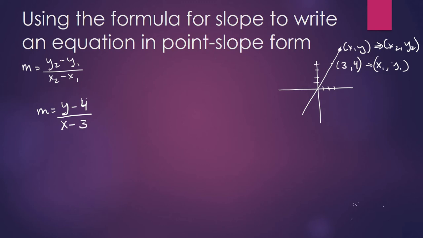I'm going to take this equation and multiply both sides by x minus 3. So if I multiply both sides of this equation times x minus 3, I'm going to get y minus 4 equals x minus 3 times m.